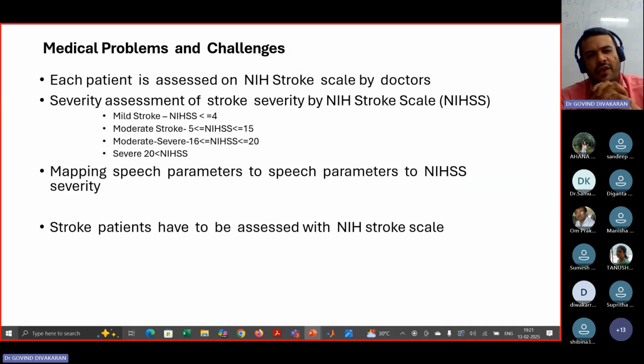Then we came to the ICMR project. After we submitted this proposal, we went through several iterations and gave several presentations to different councils. There is the IRC, Institute Research Cell, and the IEC.